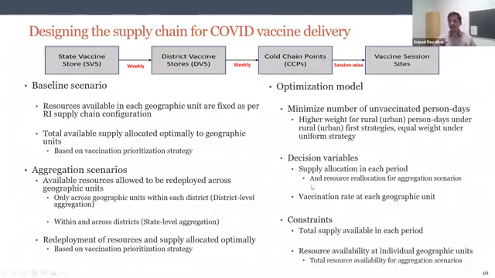So we model an additional decision variable for the aggregation scenarios, which is, in addition to supply and vaccination rates, how much of the resources to reallocate in each period. And consequently, the constraint is modified from resources available at a local geographic unit to the resources available in aggregate, either at the district level or at the state level in total.